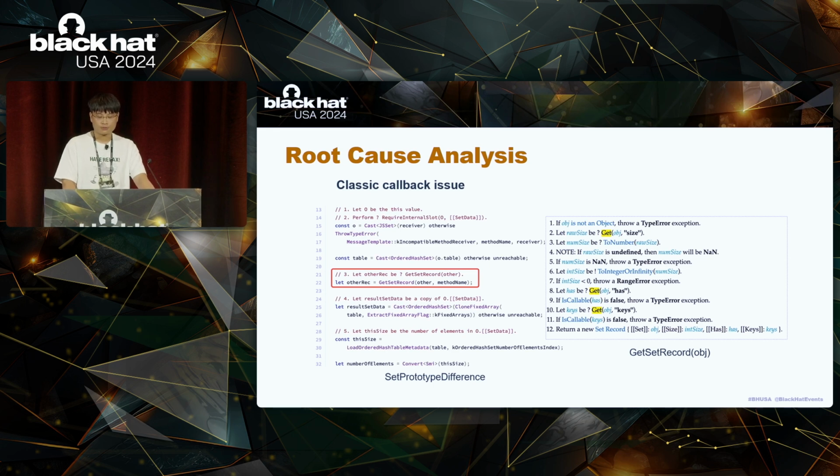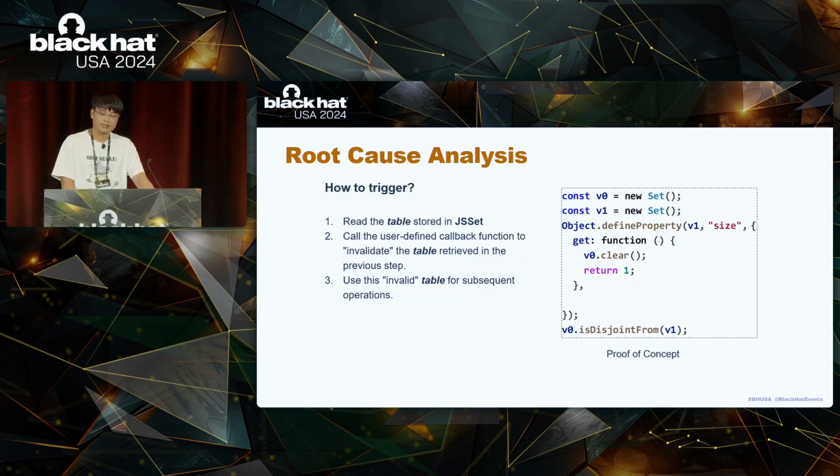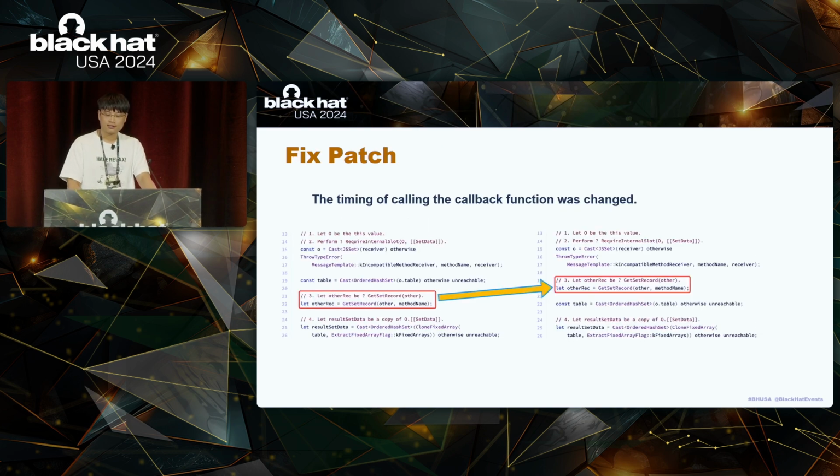However, the V8 developers did not take into account the side effects of the getSetRecord function, which can cause the previously fetched pointer to become obsolete. That's a problem. Very simple but interesting. As the POC demonstrates, triggering the vulnerability is very easy. Fixing this vulnerability is also easy. Just move the getSetRecord function that may call the callback function forward so that there's no callback issue.